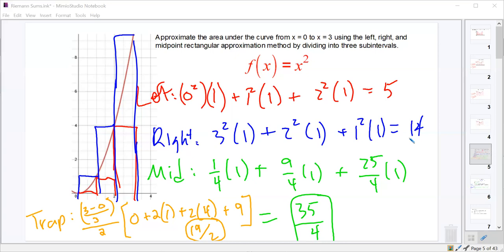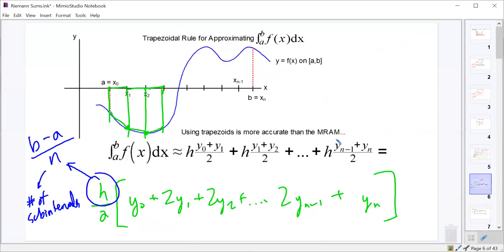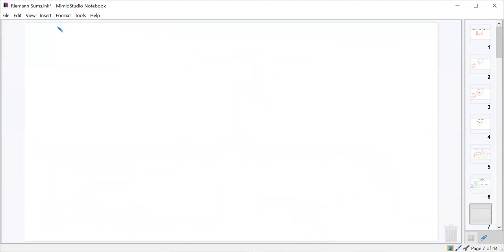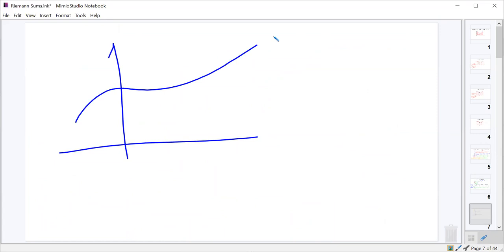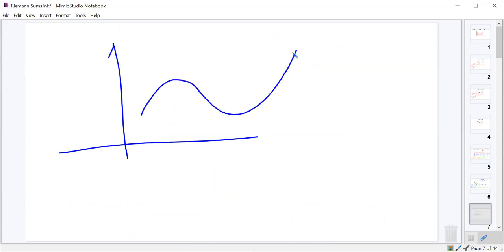And how can we tell if a trapezoidal approximation is an under or an overestimate? Here's our function, right? If we're doing a trapezoidal approximation, there are some intervals there.